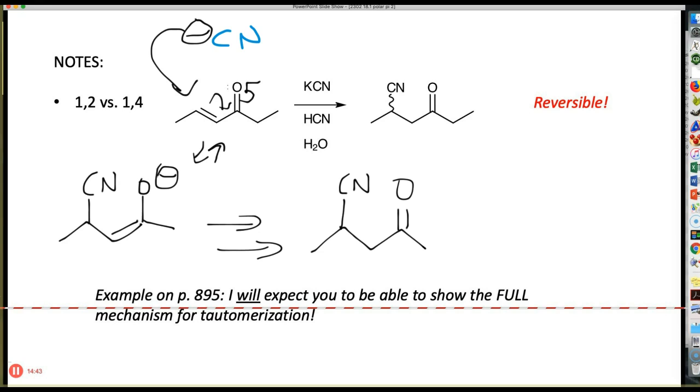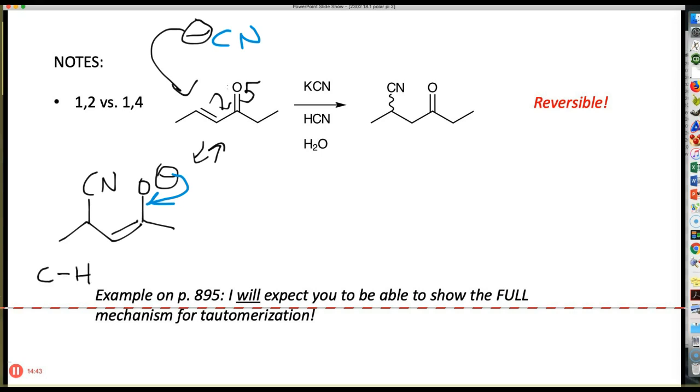Well, let's not do that. Let's do the right thing and actually show the mechanism, which is to show that popping back down and picking up the proton to give me my product. So please don't ever write tautomerization in quotes on an exam. Show me the mechanism.